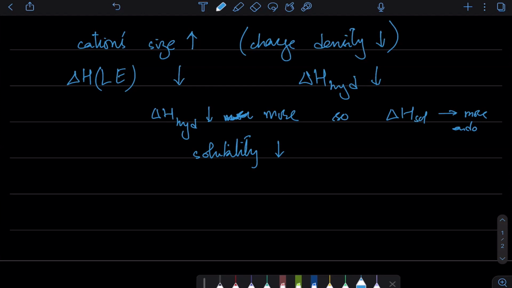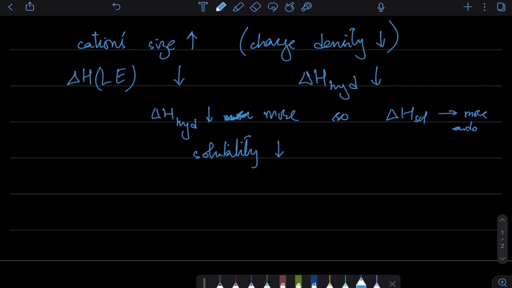Sir, is delta H hydration also becoming more endothermic? So the value of delta H hydration keeps decreasing. If it is exothermic, because bonds are being made, the values keep getting smaller. So we say it's becoming less negative or more positive.